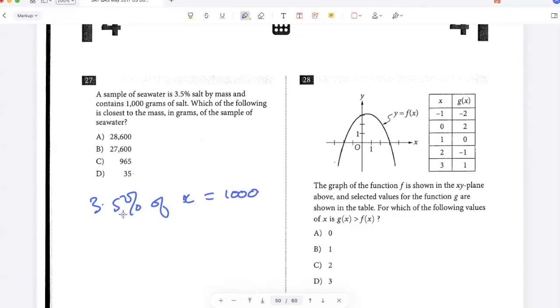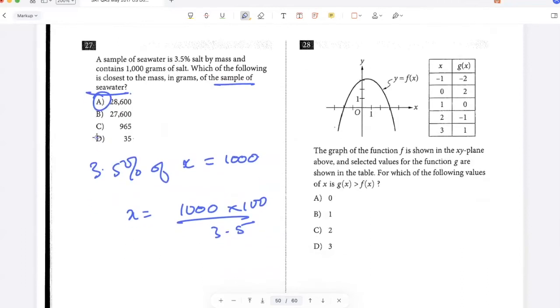Because 3.5% is salt, where X is the mass of the sample of seawater. So X is 1000 times 100 divided by 3.5. So let's plug that in. 1000 times 100 divided by 3.5, so 28,571, which is about 28,600. This is the mass of the sample.